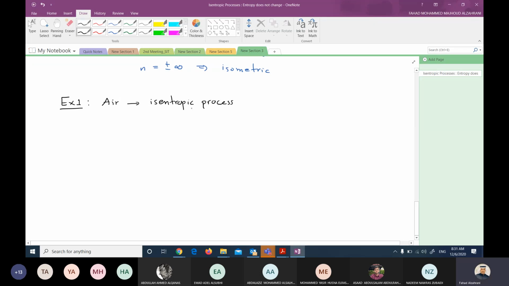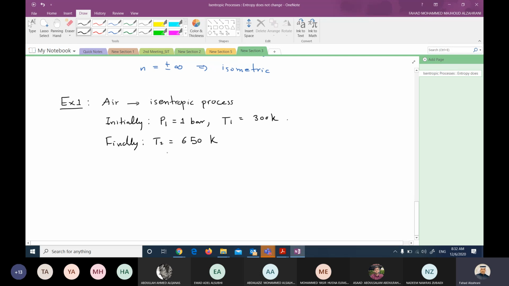Initially it was at P1 equals 1 bar and T1 equals 300 Kelvin, until a final state of T2 equals 650 Kelvin.